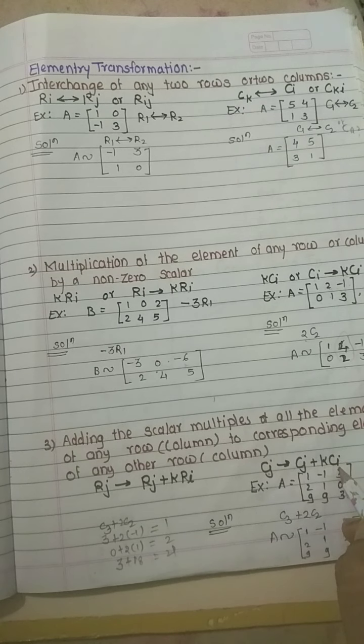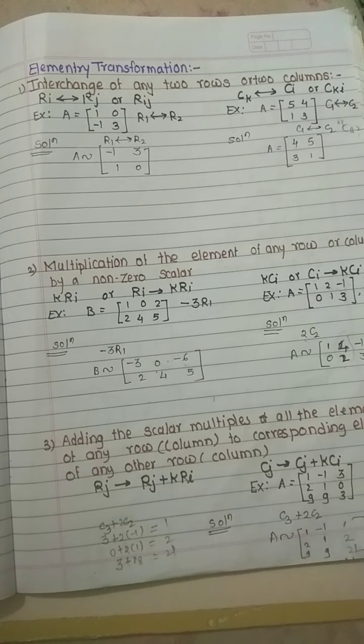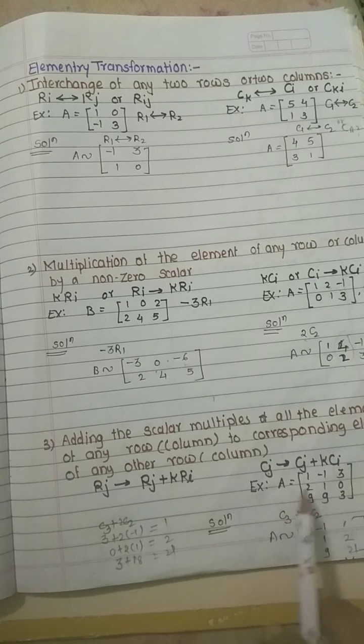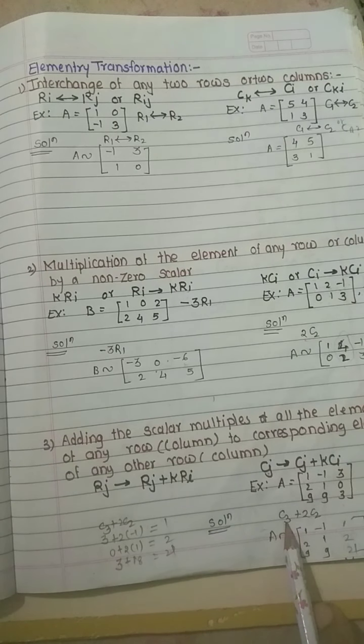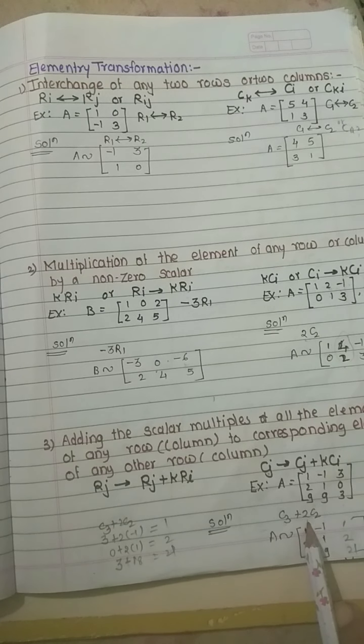Taking an example on these operations: if A equals a matrix of order 3, first row elements 1, -1, 3, second row elements 2, 1, 0, third row elements 9, 9, 3. Operate C3 + 2C2. Solution: third column plus non-zero scalar 2 multiplied by column number 2.